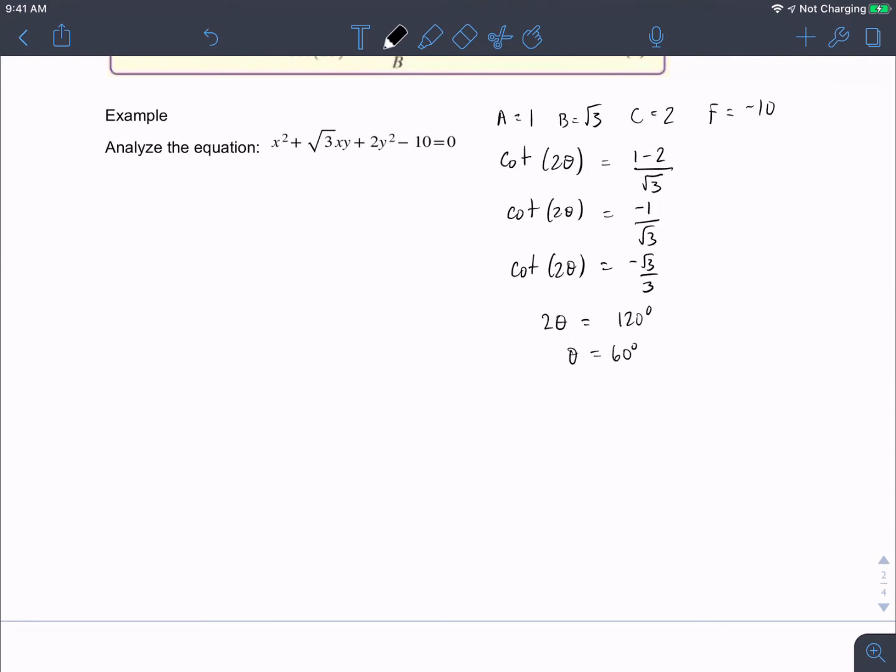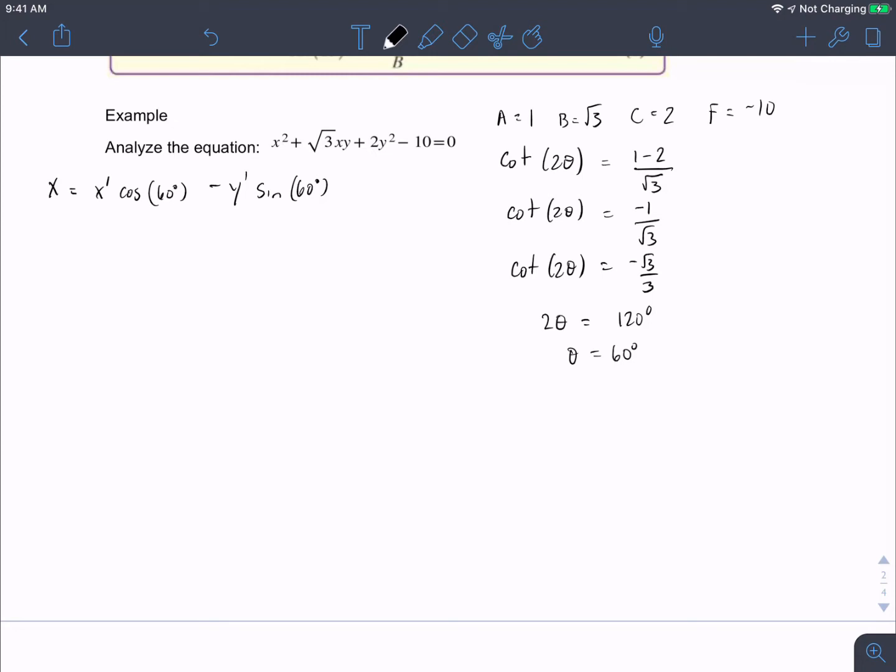Now, we have to do the substitution. And so we need to find out what x and y are in terms of primes. And so I'll do this one over here. So x is equal to x prime cosine of 60 degrees minus y prime sine of 60 degrees.